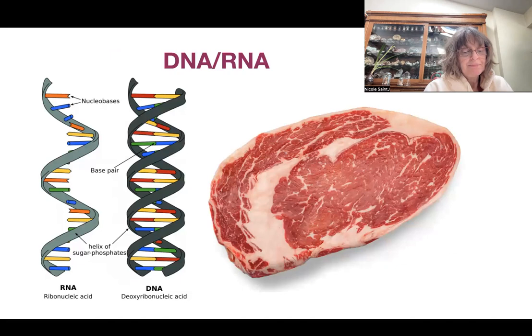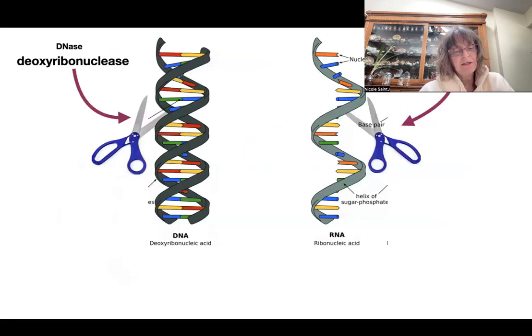Now, all animal cells and plants have DNA and RNA. That means when we eat meat or a salad, we also digest the DNA and the RNA of these animals and plants. Now, again, we have enzymes that take care of the breakdown of it.